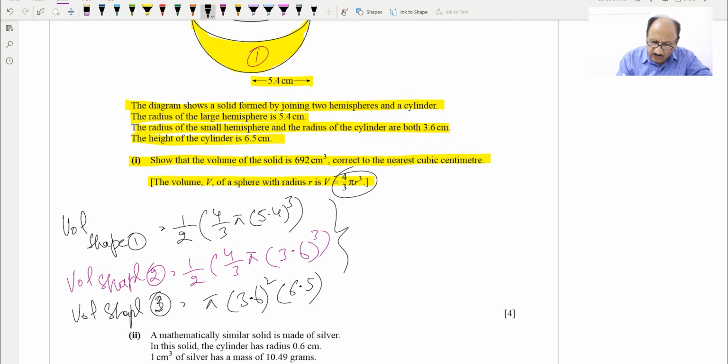These three volumes we can add and we will get the complete volume. So the added volume will be what? We can write the volume of the complete shape, all three we will be adding.